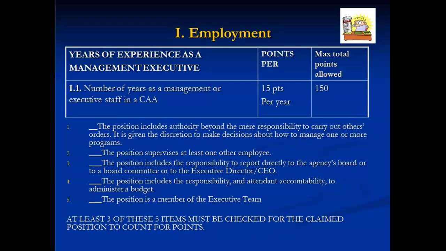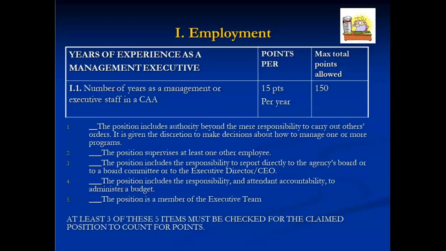Now, you'll ask, the number of years as a management or executive staff, what does that mean? Well, the Commission has operationalized that, has asked for you to demonstrate that it is a management executive staff if you can mark an X on this fillable PDF form to 3 of any of those 5 descriptions of a position that you see underneath that entry.